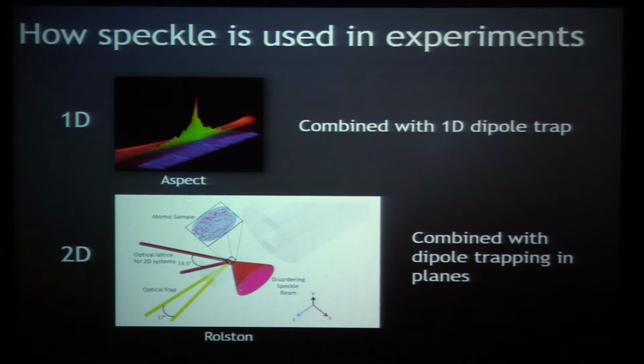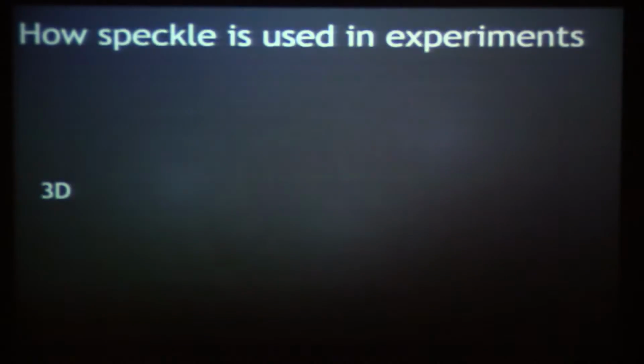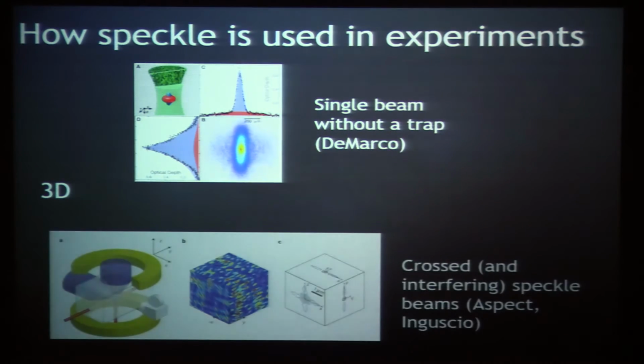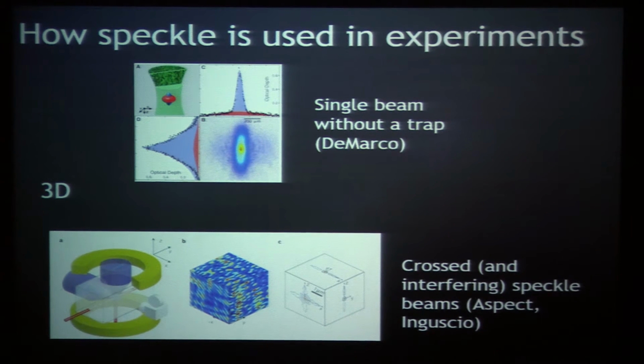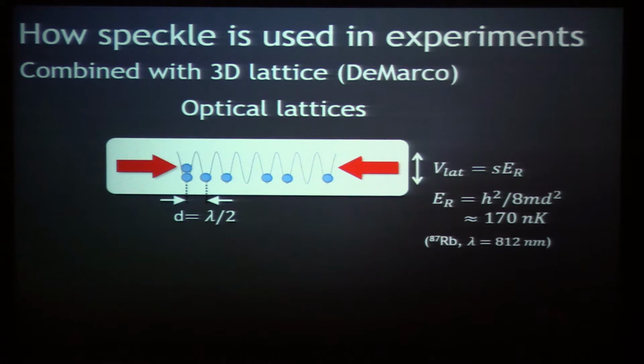In some of these experiments I'll talk about tomorrow, like this experiment by Spey, the trap is released in one direction to allow the gas to expand and try to see how diffusion works. In other experiments like this 3D experiment and this 3D experiment, again, you're letting the atoms go. In the experiments I'll talk about right now, there's always a trap present. I'll talk about how that comes in and how that changes some of the physics of the optical lattice as well. But in these experiments, there's always an overall trapping potential present.